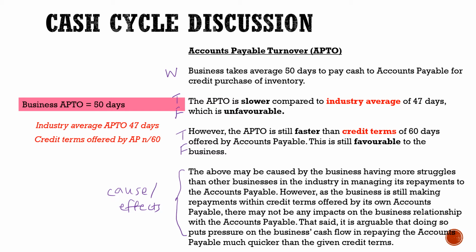And in fact, it is paying much quicker than the given credit terms. But what we should remember here is to always ensure that we are tying it back to the main focus of the question, which is here in this case, identifying the effects of this APTO on the cash flow.